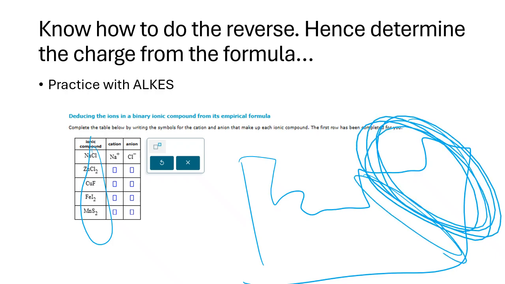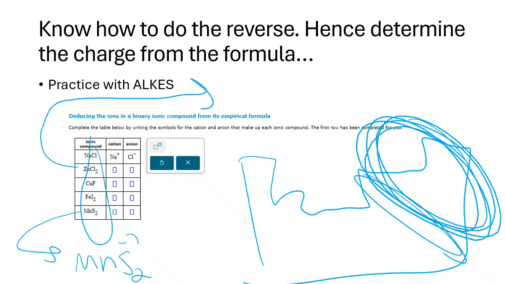Notice how all those charges are always something real, meaning you don't have to determine them from anything else. So to determine the cation charge, you have to use the anion charge. So like for that last one, MnS2, sulfur is a -2, so manganese must be a 4 plus.